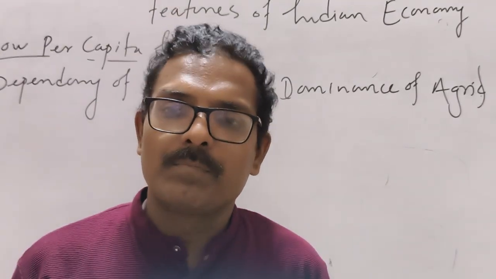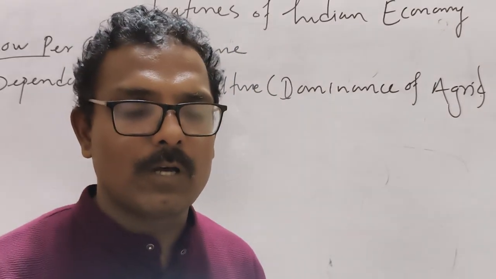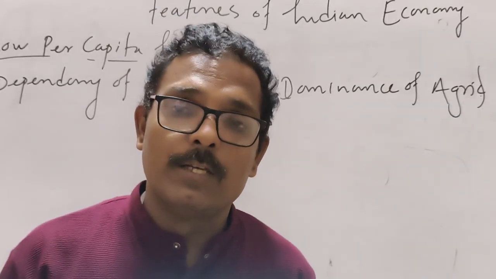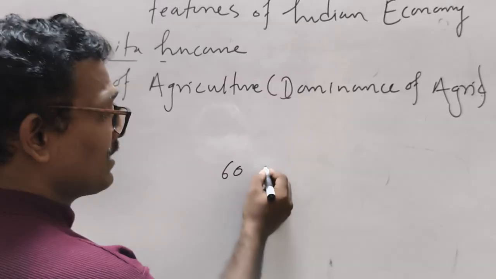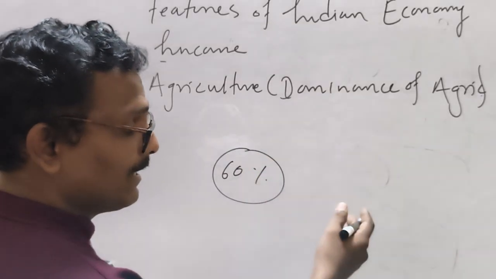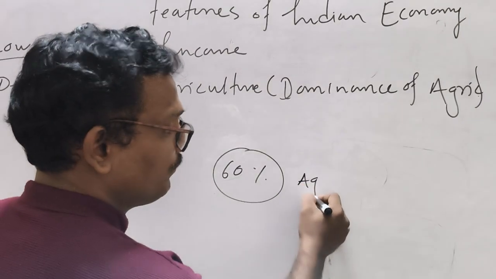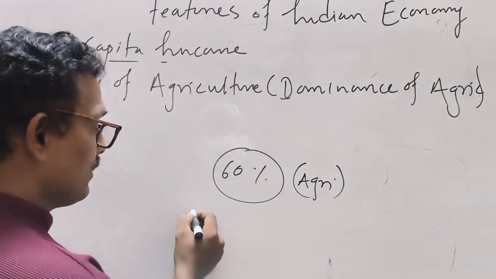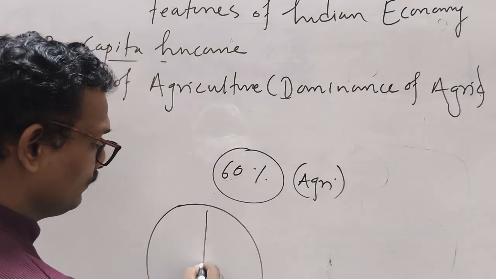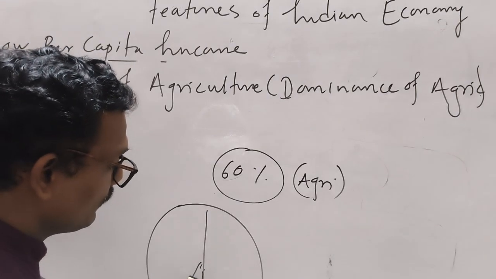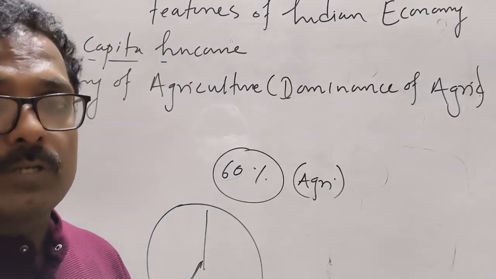Nowadays, if you see the statistical situation as far as agriculture is concerned, how much of India's population is engaged in agriculture? Nearly 60% of our country's population is directly or indirectly dependent upon agriculture. Which means 60% of our country's workforce is engaged in the agriculture sector.